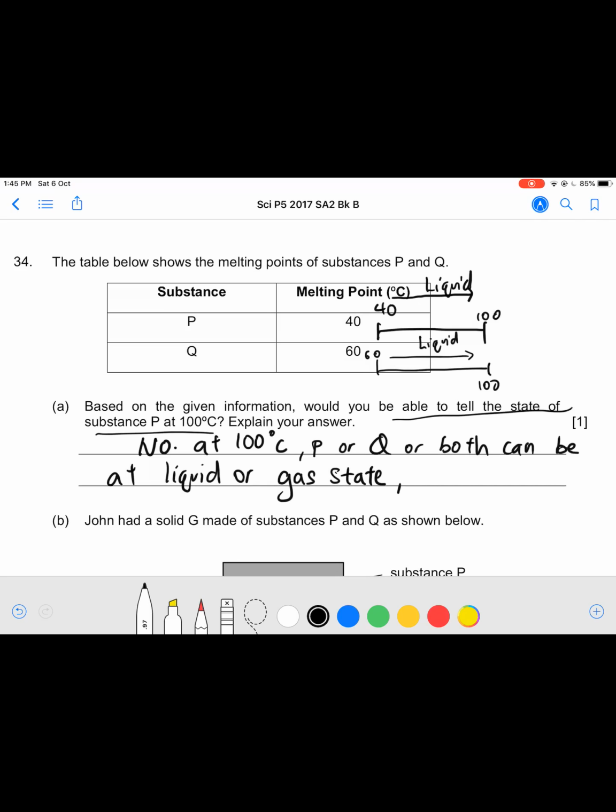Alright, why? Because the boiling point is not known. So you notice this kind of question, every time it is given, it will always give you 2 points, whether it is a freezing point, the boiling point, or the melting point with the boiling point. 2 points are always given to you, so you can know what state it is falling in between. Okay, so as the boiling point is not known.